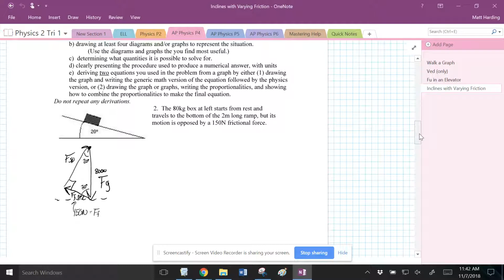There's a mention that it starts from rest, and so if it gets somewhere, it had to accelerate at some point. All right, cool. Go ahead and flip another board and tell us about one of your graphs and/or diagrams and what quantities you solved for out of that.